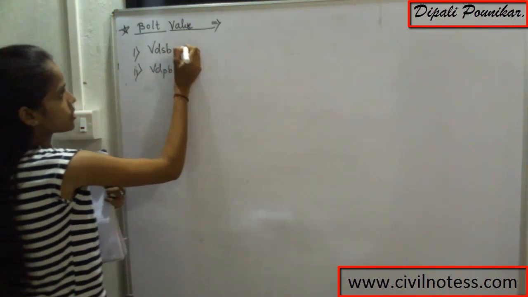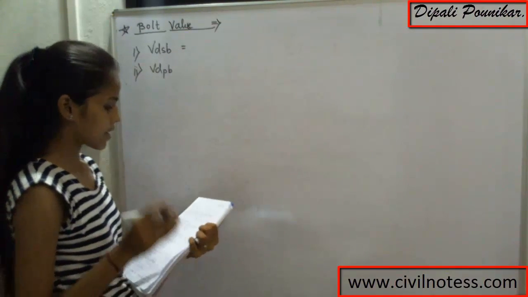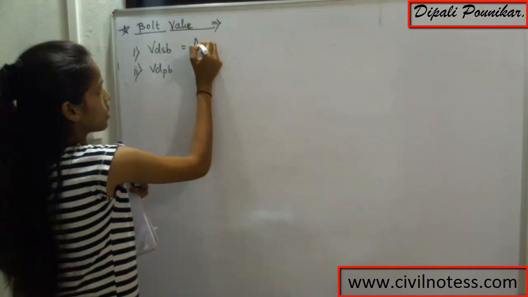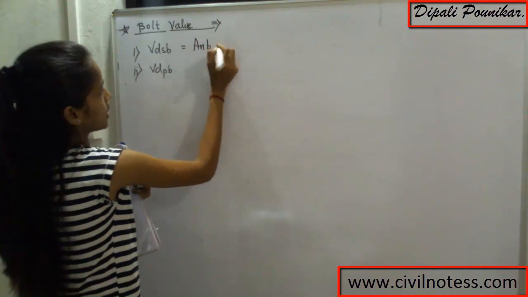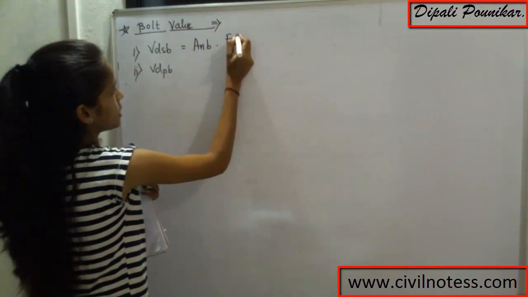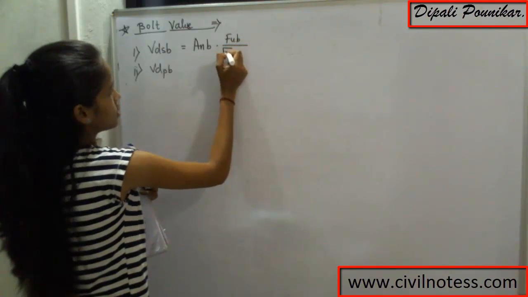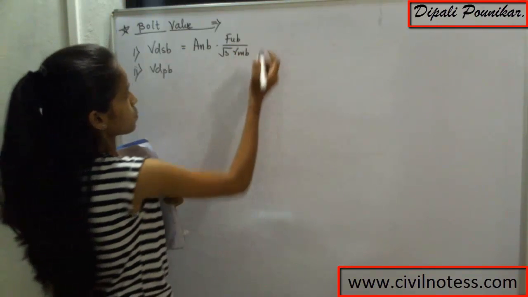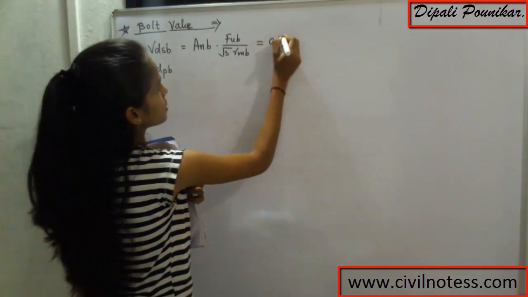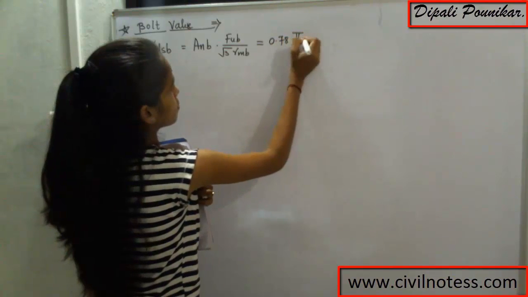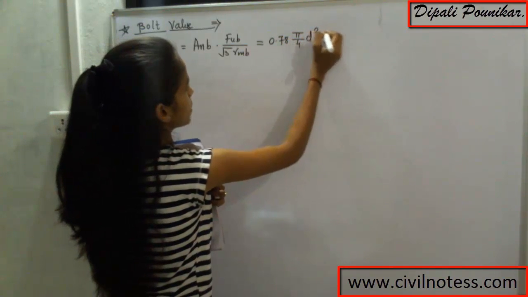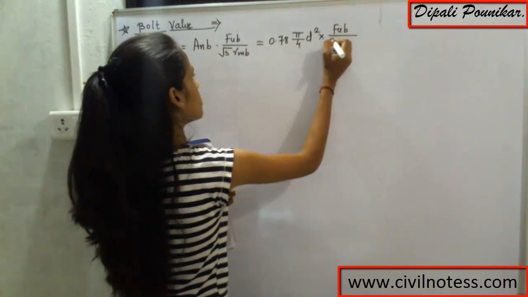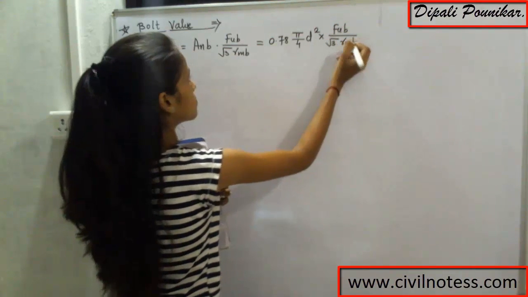The first formula, the design shearing strength of bolt, is given in the IS code: Anb into fub upon root 3 gamma mb, that is 0.78 pi by 4 into d square into fub upon root 3 gamma mb.